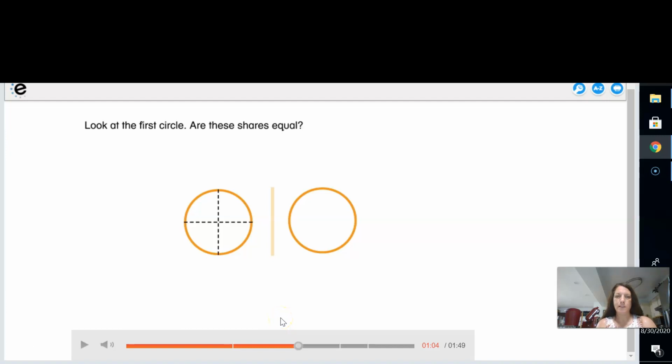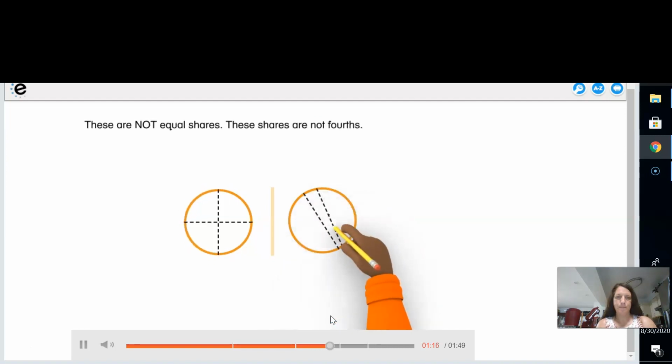Are they all the same size and shape? Yes, there are four equal shares. These shares are fourths. These are not equal shares. These shares are not fourths.